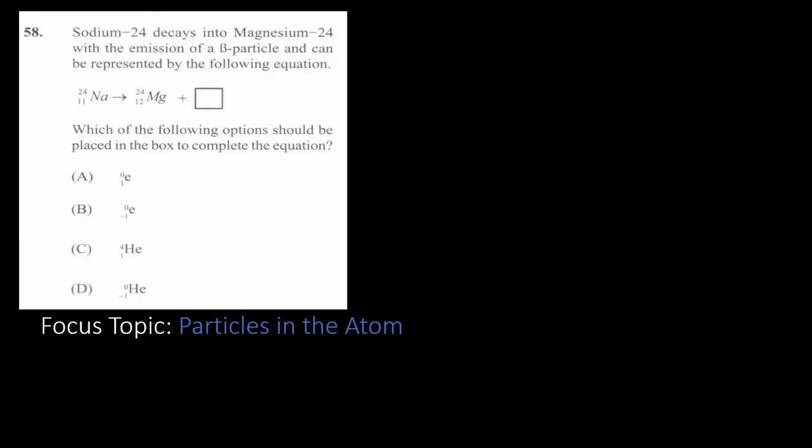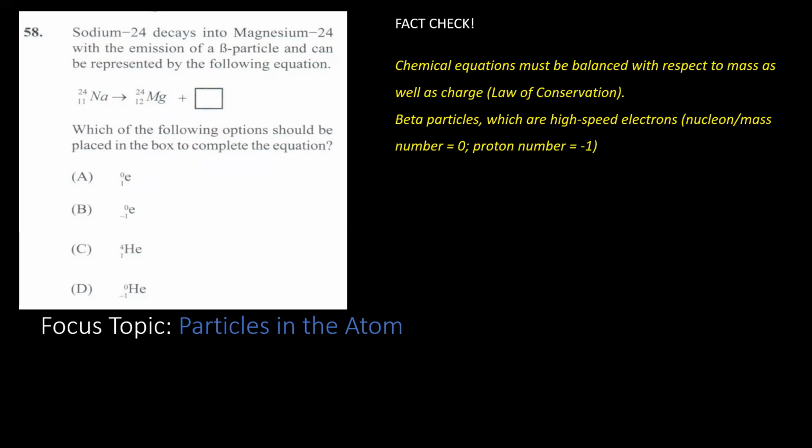Okay, now sodium 24 decays into magnesium 24 with the emission of a beta particle, and we have a partial equation here that is representing the information above. Now, which of the options should be placed in the box to complete the equation? Whenever we have any type of chemical or nuclear equation, it needs to be balanced in terms of mass as well as charge.